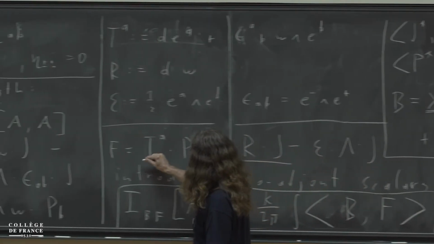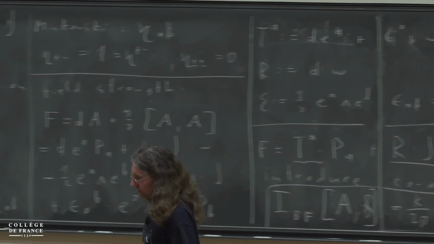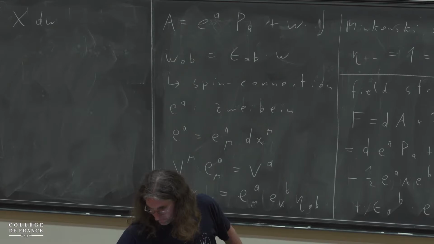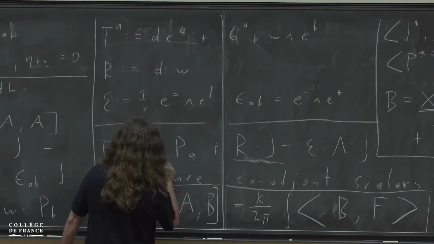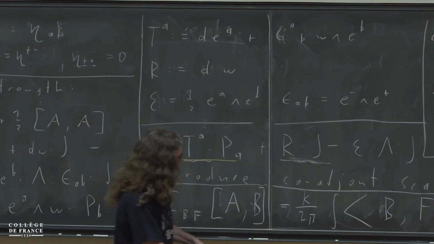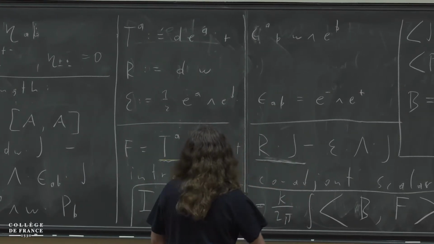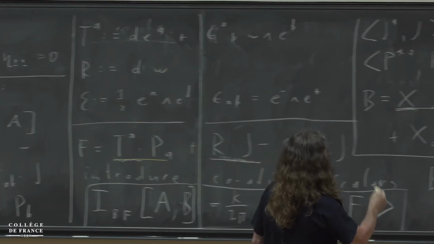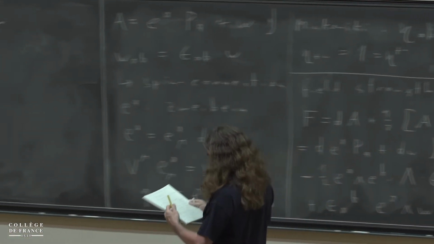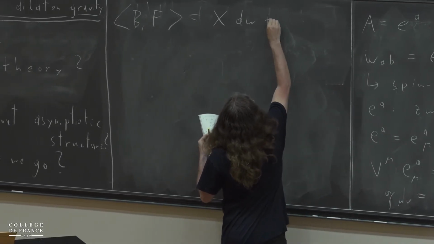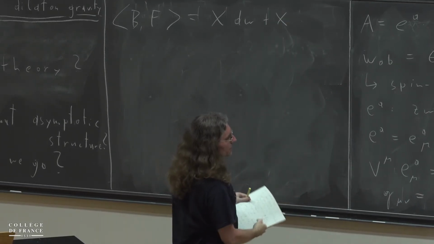Then we get that expression here. Then we get this term in yellow with this term. So that gives us XA times the torsion 2 form.